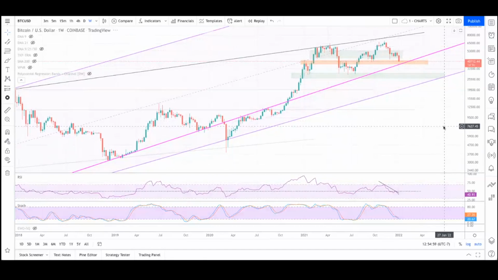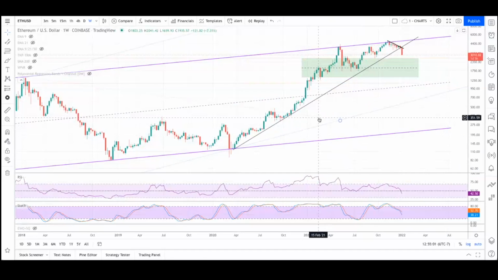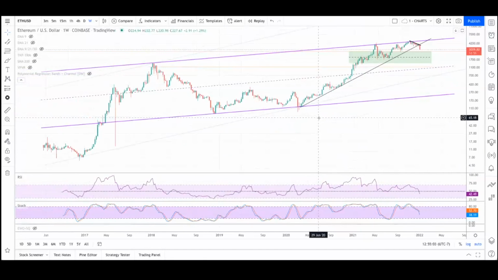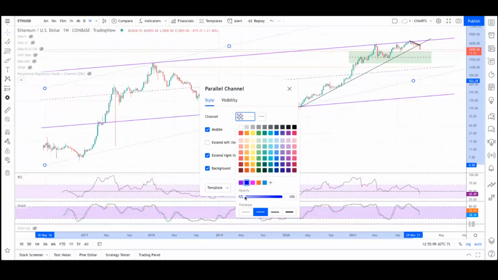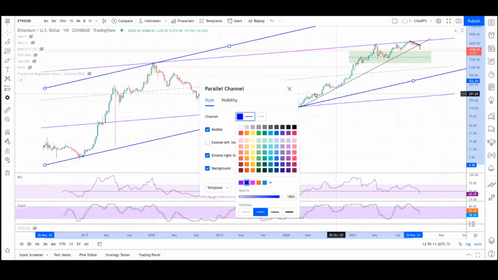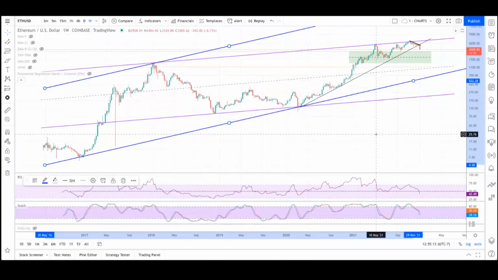Let's take a look real quick at Ethereum, and not looking great. Similar chart setup. I'll turn the bigger picture channel on for you there.